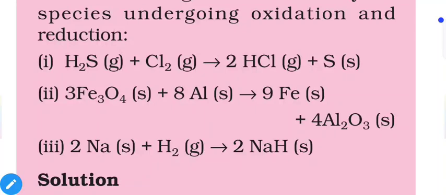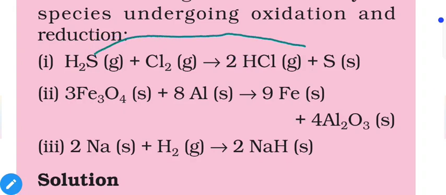So first let's concentrate on hydrogen, because hydrogen is changing from H2S into HCl. No change for hydrogen, because hydrogen is electropositive compared to sulfur and chlorine. So nothing is going on with hydrogen. Now let's concentrate on sulfur.